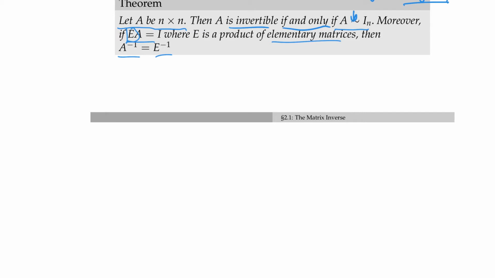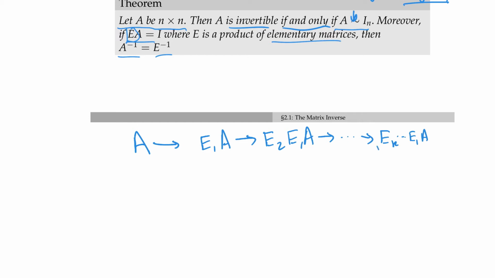Alright, so let's say I have some matrix A, and I know that it reduces to the identity. Then I know that I can first form some E1A, and then E2 times E1A, and keep on doing these row operations until finally this last one I do, EK, turns this into the identity matrix.